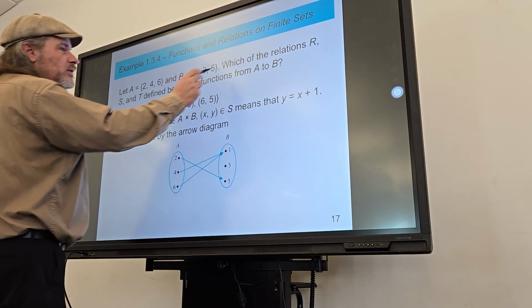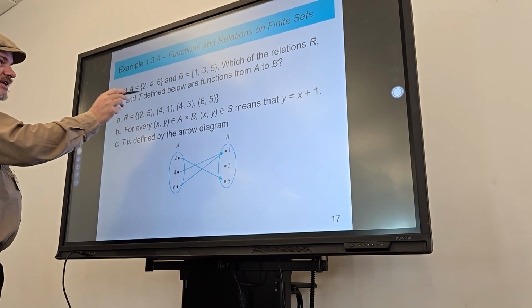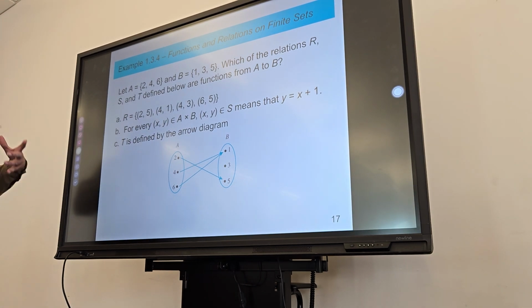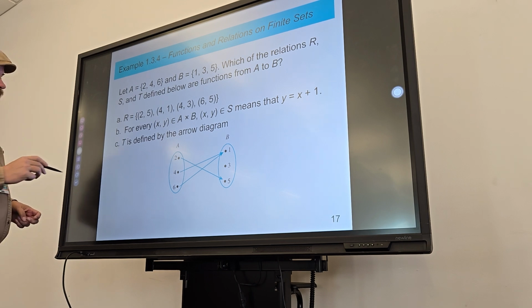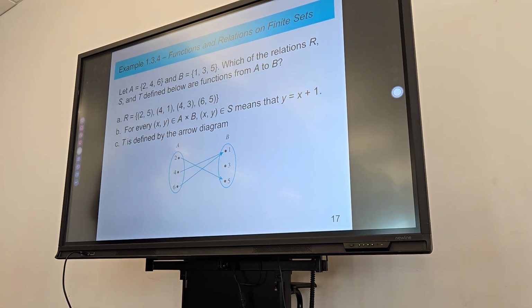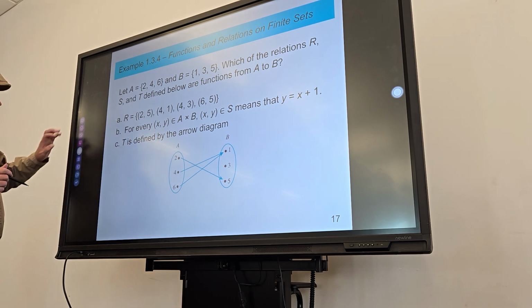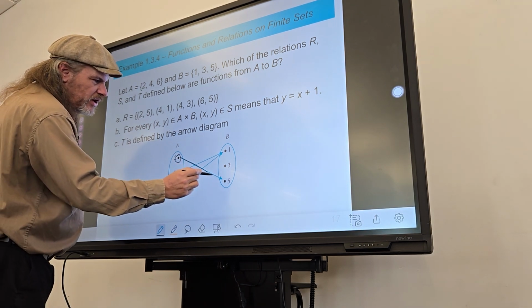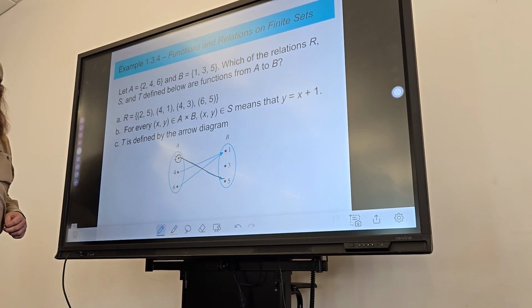Which of the relations are defined as functions? Which of them are functions? So, looking at the definition of a function, this element is associated with the number 5, right?